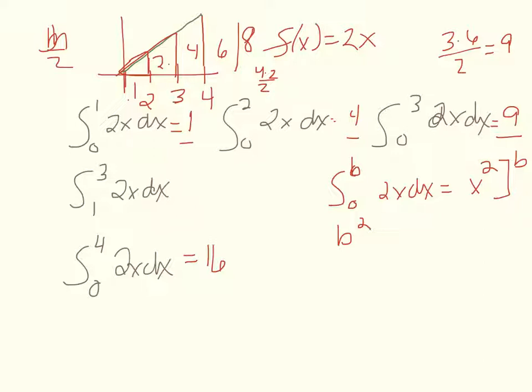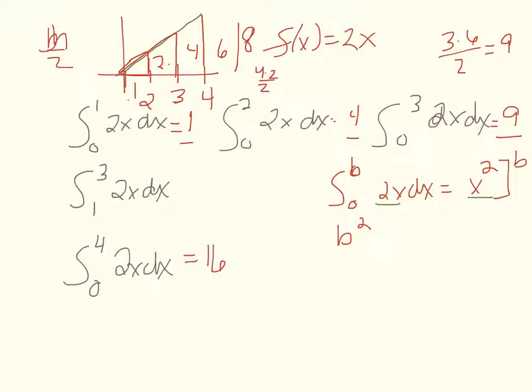From 0 to 100 would be 100 squared. So that's what we're saying. And I want you to notice how these two are related. 2x is the derivative of x squared, and x squared is the antiderivative of 2x. And yes, that is significant and important, not just a coincidence.